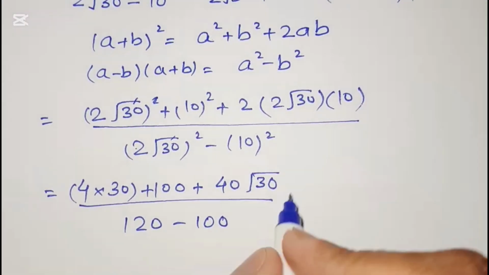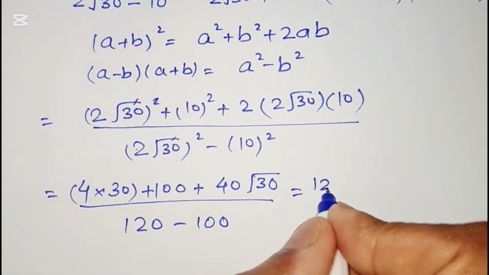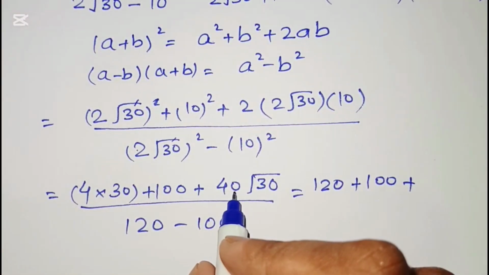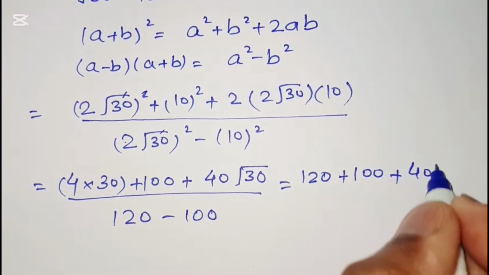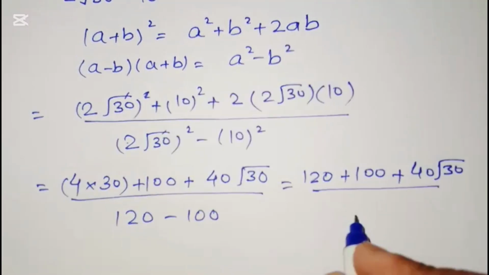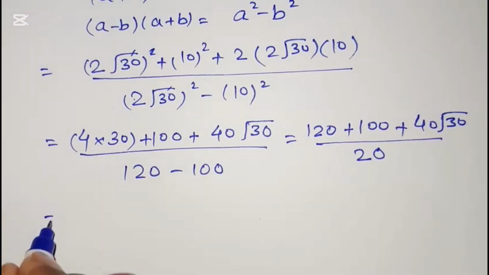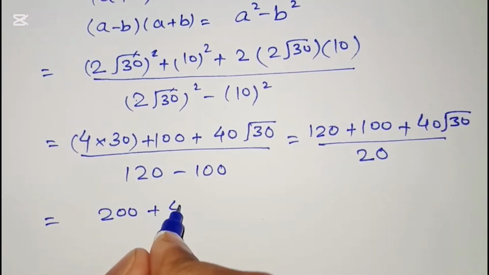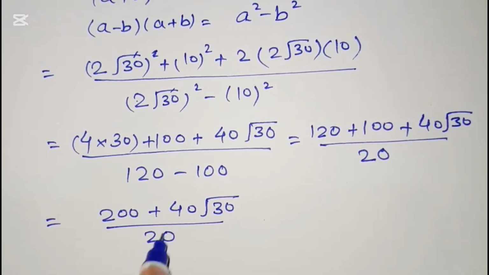4 into 30 is 120, plus 100, plus 40 times square root of 30, all over 120 minus 100 is 20. Or it can be written as 120 plus 100 is 220, plus 40 square root of 30, all over 20.